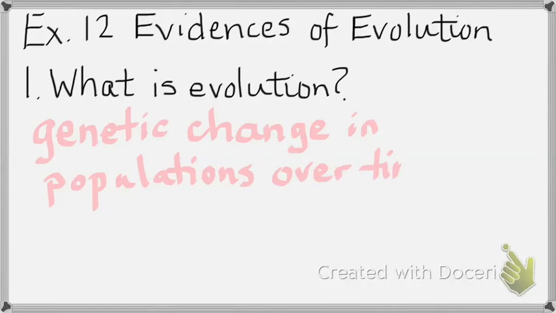When you're studying a population, if you see it changing, we would say it has evolved, or that it is evolving. So evolution is the genetic change in populations over time. Again, we've written this definition several times in our lecture notes and in our lab notes.